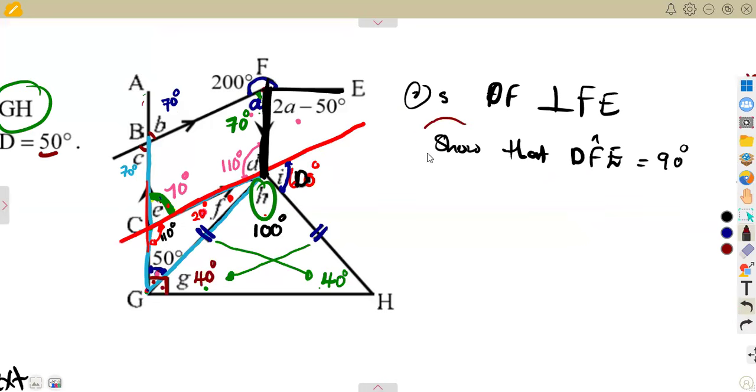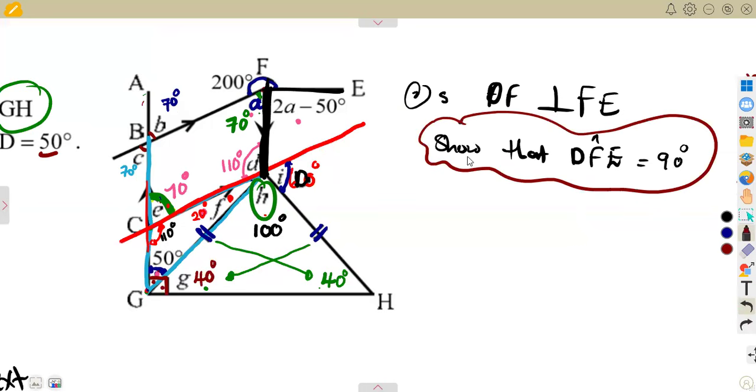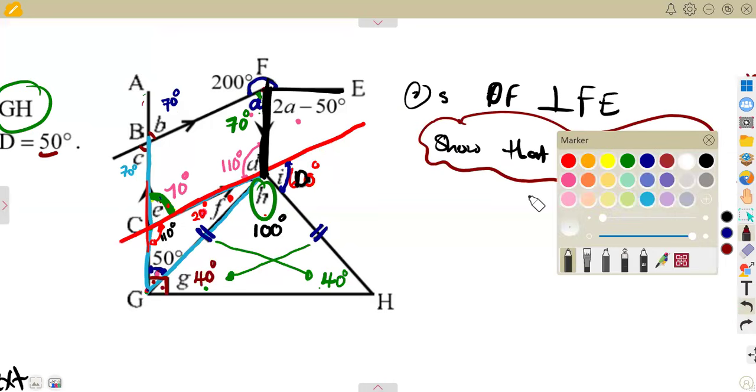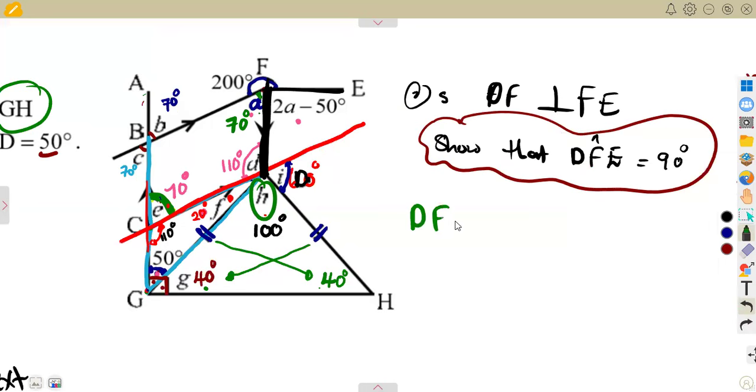So you are supposed to show that. So how can we show that? Let's calculate this. DFE is equal to what?